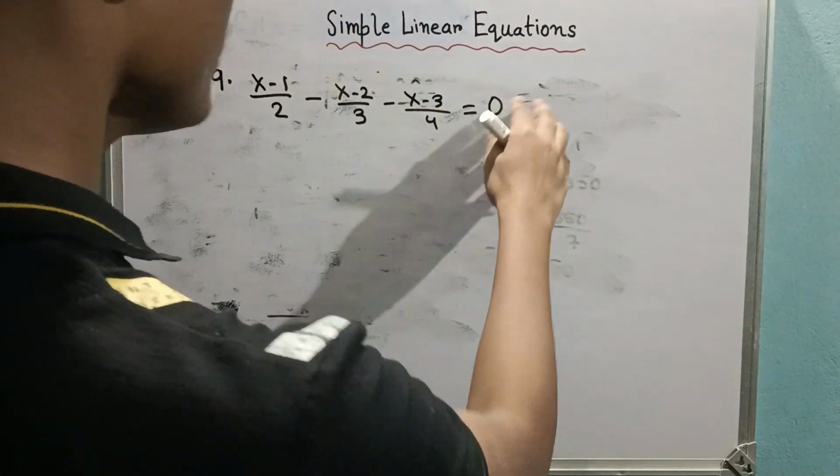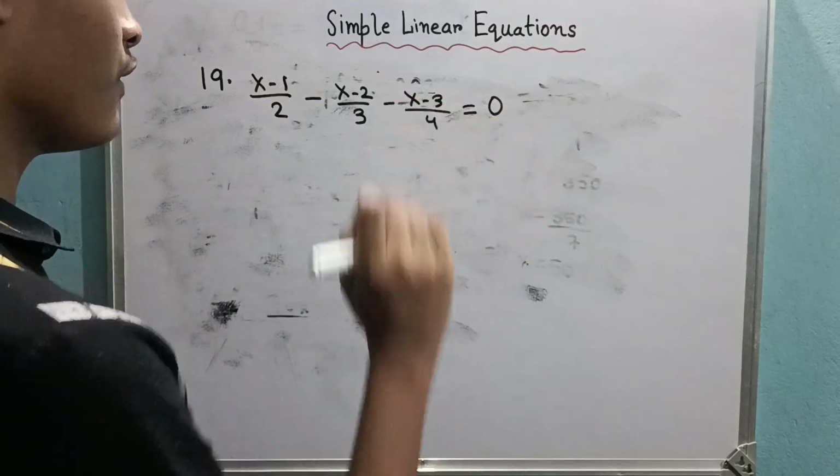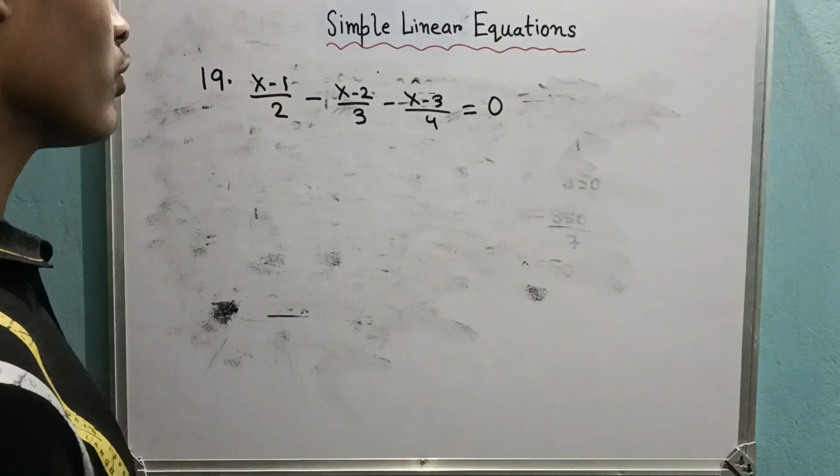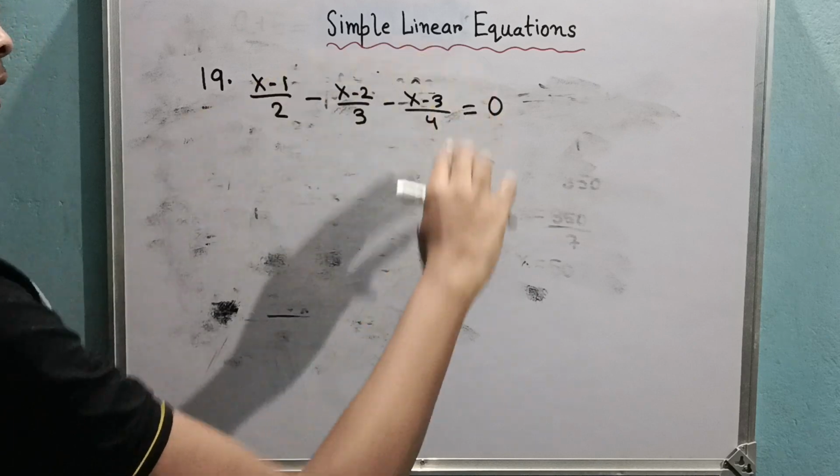Okay, so now here we have all the RHS, right hand side 0. So that side is not going to trouble us. We have to do all the work here.